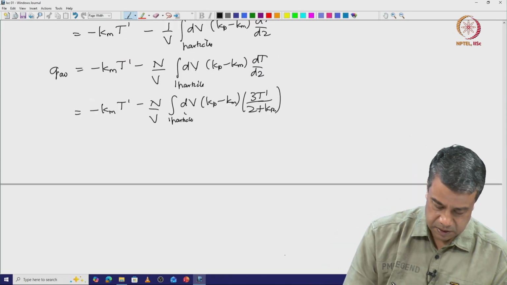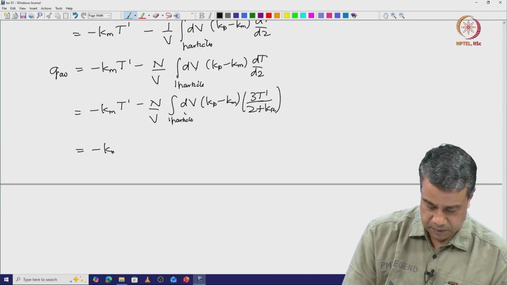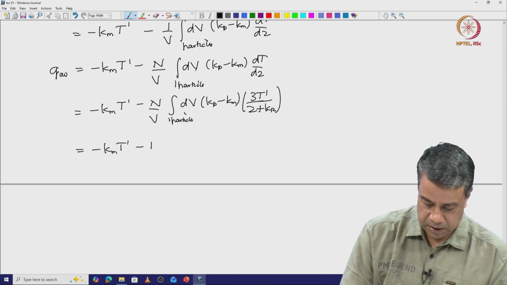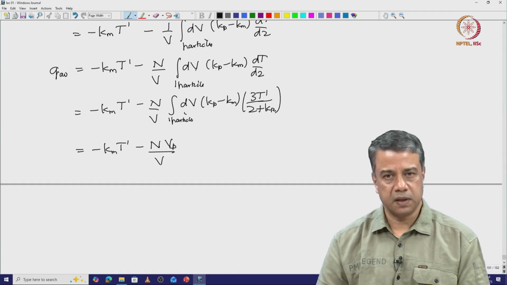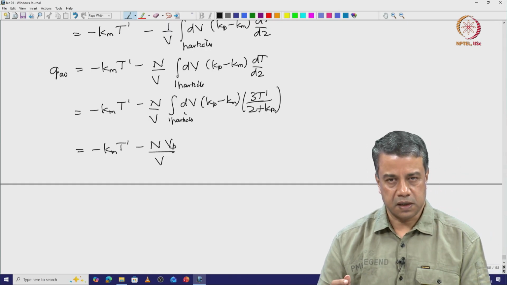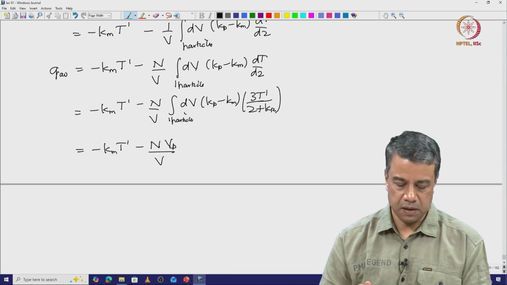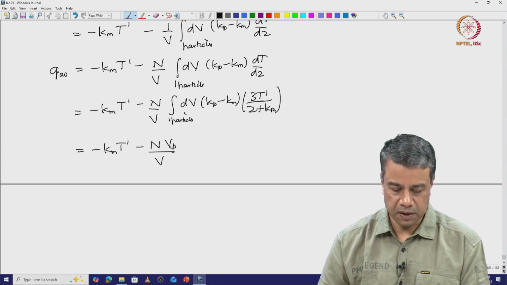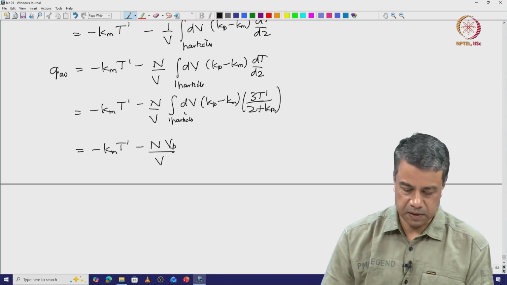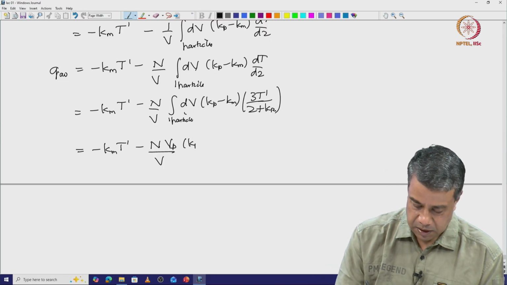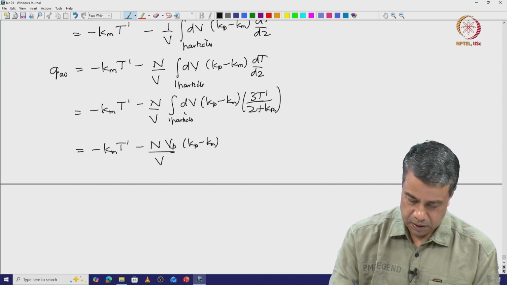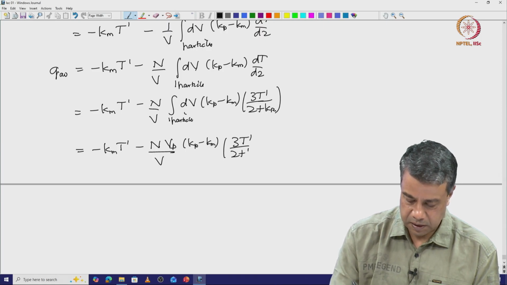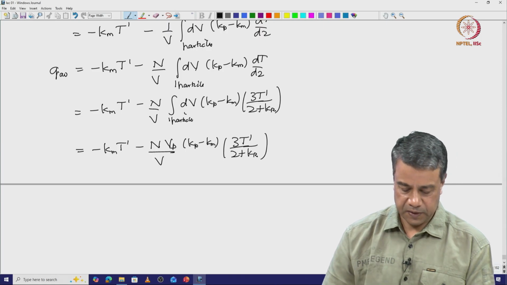So, I will get minus Km T prime minus n times the volume of the particle divided by the total volume. Since the temperature gradient is a constant, the integral is just the volume of the particle times that constant into Kp minus Km, into 3 T prime by 2 plus Kr.